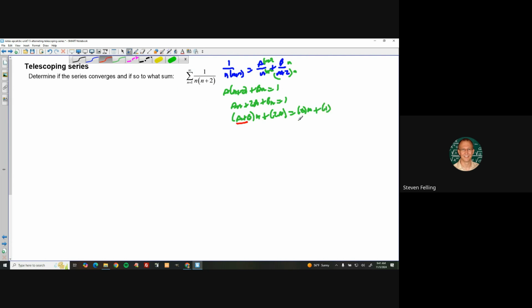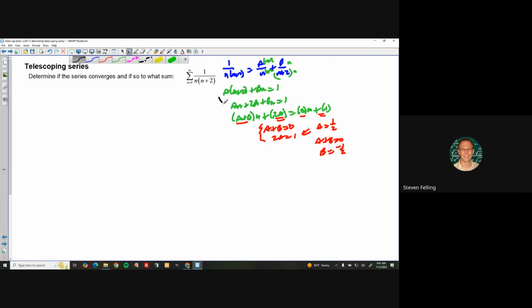Then you match up the n's: a plus b has to equal 0, and you match up the constants: 2a has to equal 1. You solve that little system. Here, a is 1/2, and then if a plus b has to equal 0, b must be negative 1/2. That means we can rewrite this series.